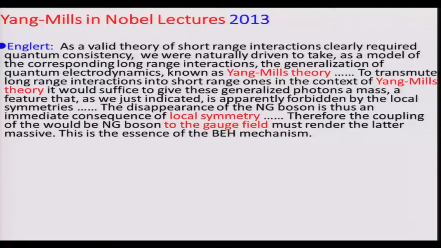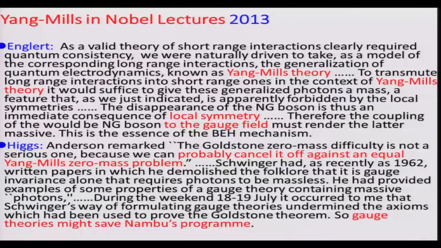The most recent, 2013, Englert says: as a valid theory of short-range interaction, we were naturally driven to take the generalization of QED, known as Yang-Mills theory, and to transmute long-range interaction into short-range ones; in the context of Yang-Mills theory, it suffices to give this generalized photon a mass. And then he talked about the local symmetry. Higgs, similarly, says the gauge theory saved Nambu's program.